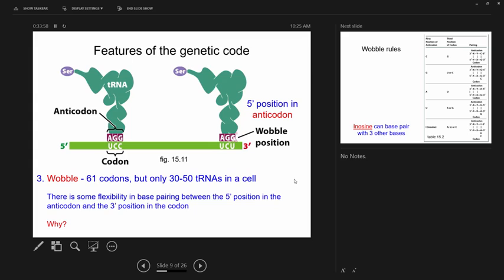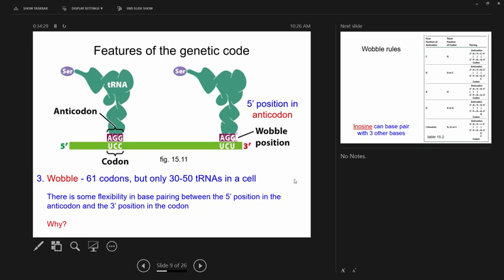The wobble hypothesis is that in some cases you can have a transfer RNA interact with a codon in messenger RNA where the 3 bases don't exactly match up. So in this case the codon 5' to 3' left to right is UCC. So the anticodon now, this is going to be 5' over here on the right, and this is going to be 3' GGA, right?